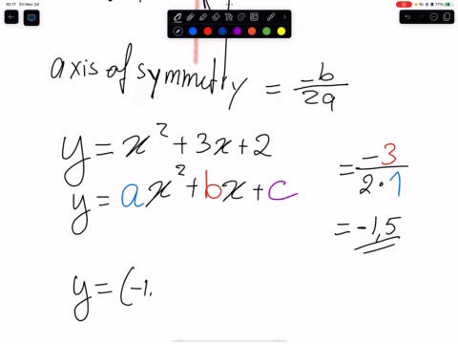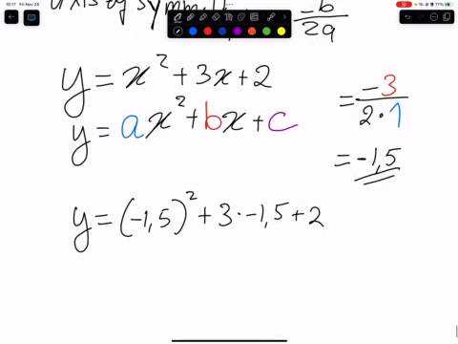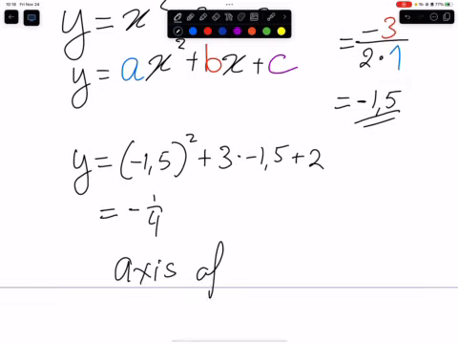Minus 4. So the axis of symmetry is where? The opposite side of 8.5.